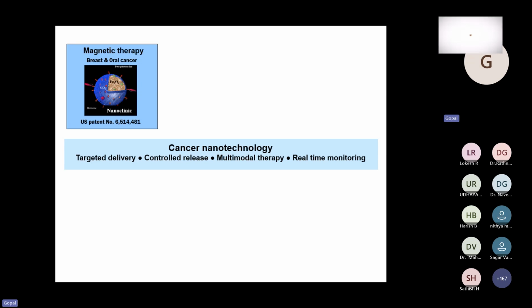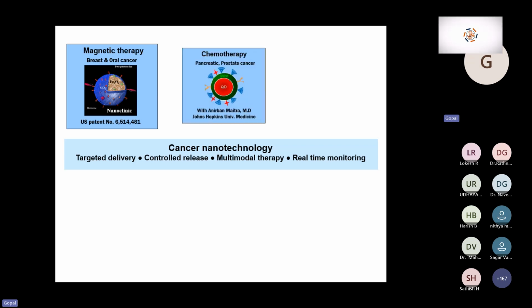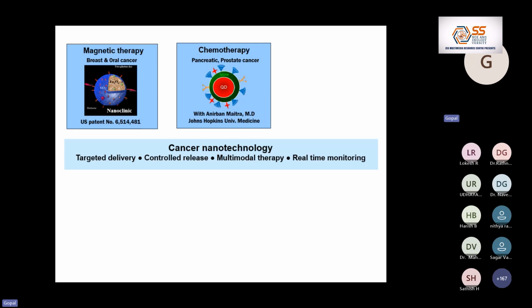Magnetic therapy, which I mentioned: you make a nanomaterial with magnetic materials, nanostructures. You can do magnetic therapy. You can control the nanomaterials or nanospheres inside the cell or inside the body using a magnetic field from outside. These are all patented techniques now. Chemotherapy for pancreatic and prostate cancer, with Anirban Maitra, MD, Johns Hopkins University, they have already done this technique.